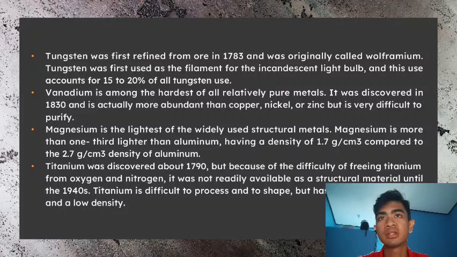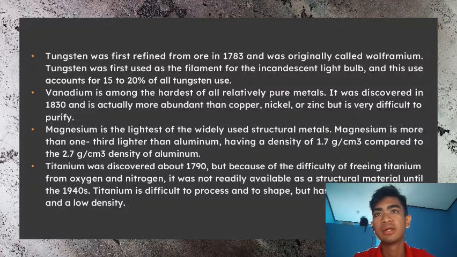Titanium was discovered about the 1790s, but because of the difficulty of freeing titanium from oxygen and nitrogen, it was not really available as a structural material until the 1940s. Titanium is difficult to process and to shape, but has both high strength and low density.